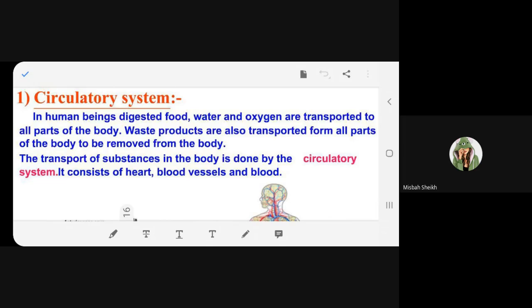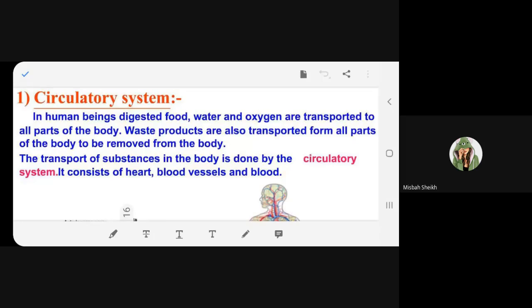When I'm using something, obviously waste is produced. When my body is using oxygen, obviously a waste is produced, that is carbon dioxide. So this waste product, carbon dioxide, when it is formed, is collected from all parts of the body and removed from the body.